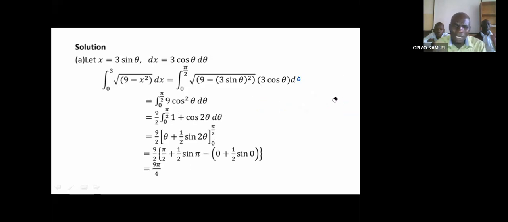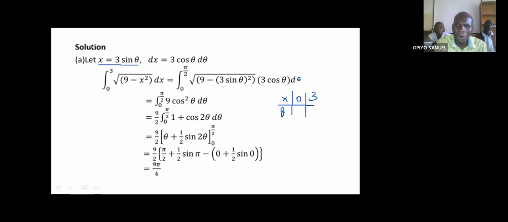When the limits of integration are given and you are changing variables, you must also change the limits. So how do we change our limits? We have this function x equals 3 sine theta, and for this particular case, we have x here, then we have theta. Now x is 0 and x is equal to 3.